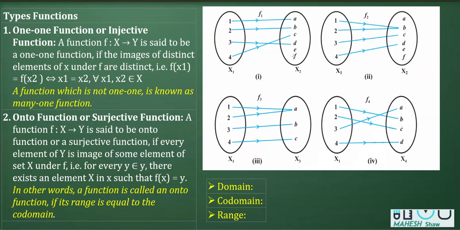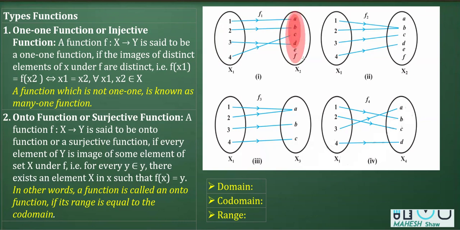So when all the elements of set B are not getting exhausted, we say that it is not an onto function. Instead, if it is not onto, we say that it is an into function. So we say that if the range is not equal to the codomain, as in the case of this, the range is this, and the codomain is this.